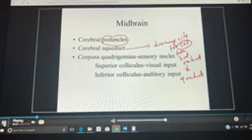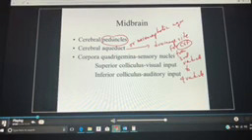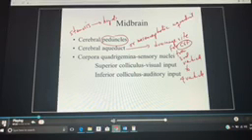Now, the cerebral aqueduct, or we also call it the mesencephalic aqueduct, sometimes can encounter problems with regards to development. If there is stenosis of that cerebral aqueduct, this can culminate in a condition in the newborn known as hydrocephalus.